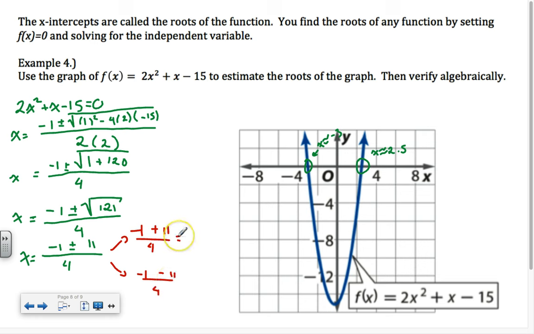Negative 1 plus 11 over 4 gives me 10 over 4, which is 2.5. And then negative 1 minus 11 gives me negative 12 over 4, which is negative 3. So those are my 2 roots of the function. If you remember from Algebra 1 or Algebra 2, if you want to write the roots of a function, you always put them in braces. So the roots of this function are negative 3 and 2.5.